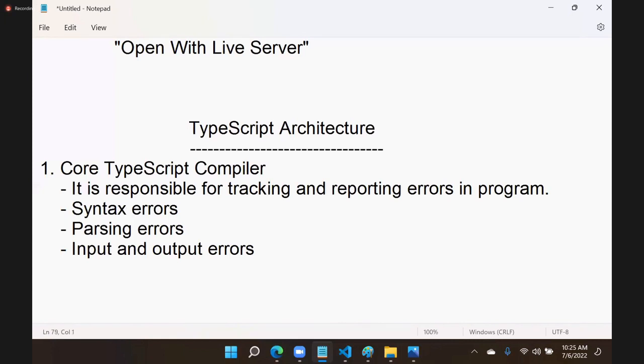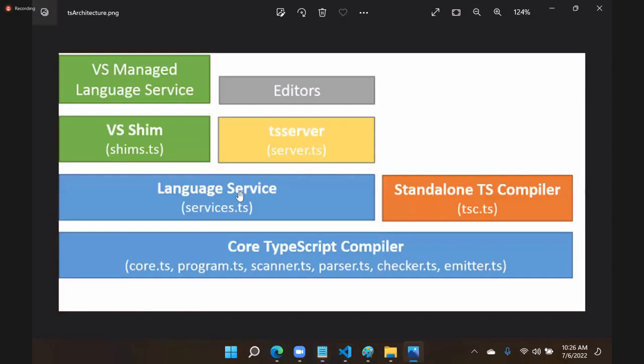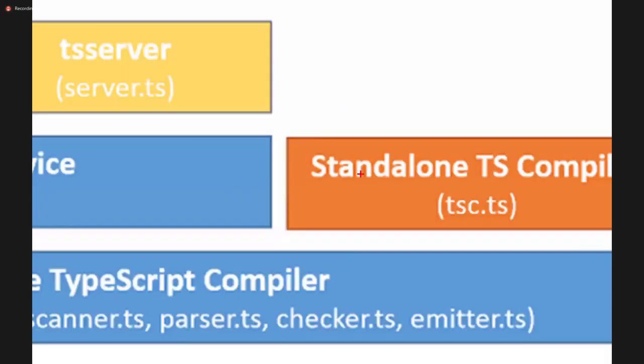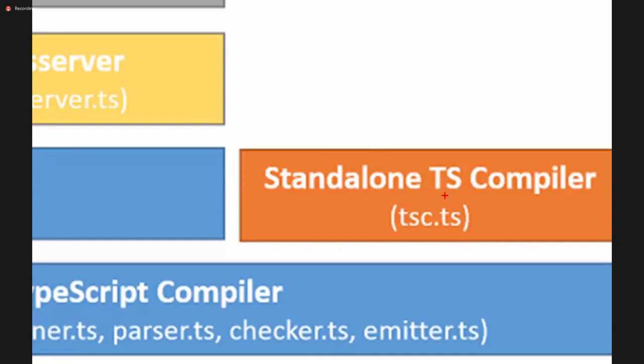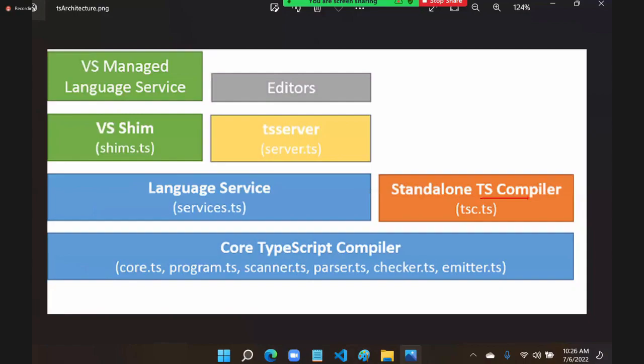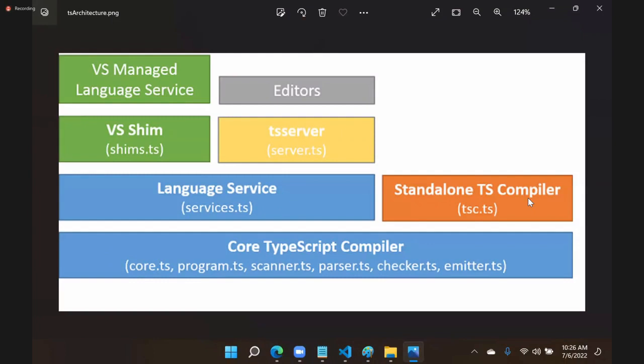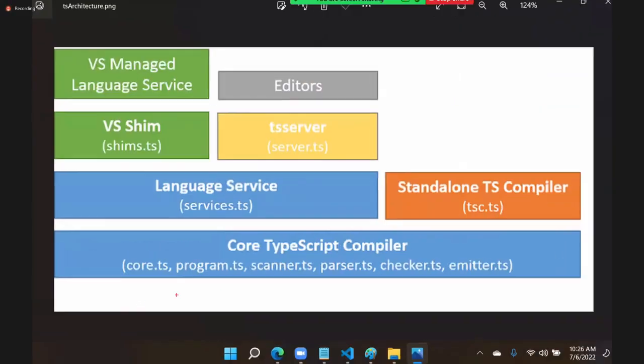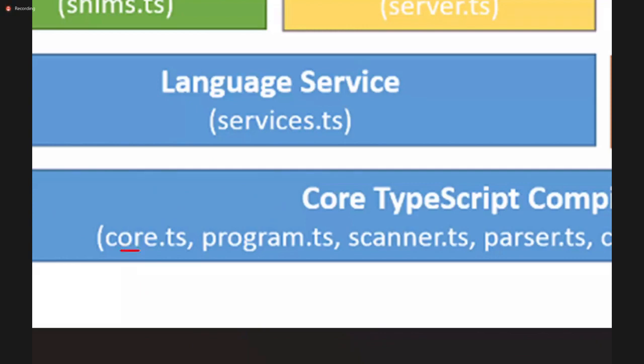Now you see, interestingly, there is another compiler here, a standalone compiler. Two compilers are there. And you see the core compiler has some files: core.ts, program.ts, scanner.ts, parser.ts.